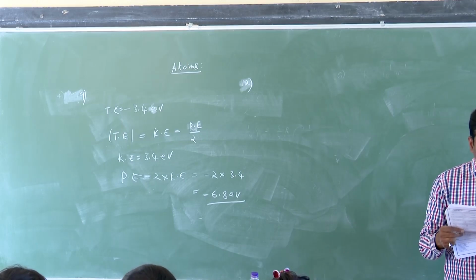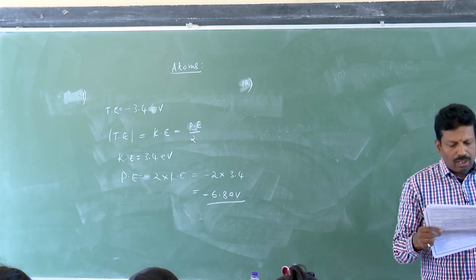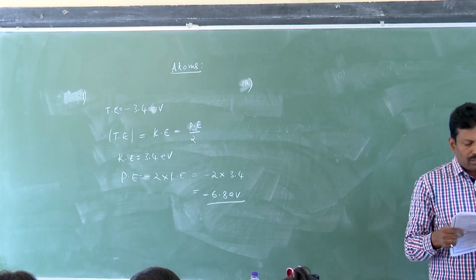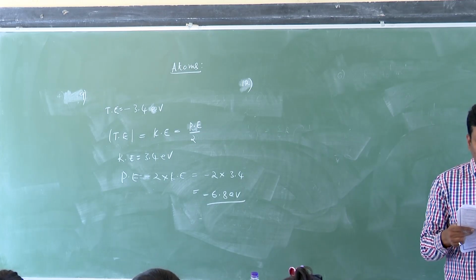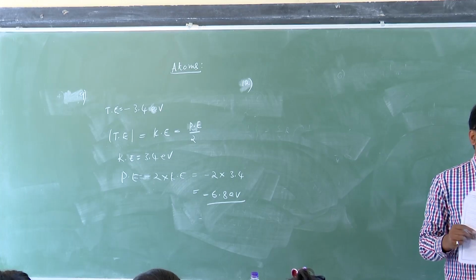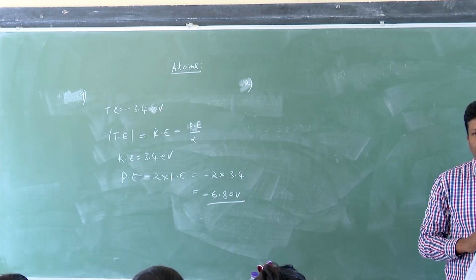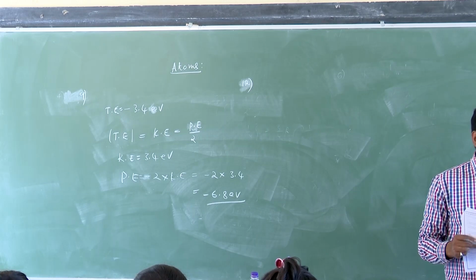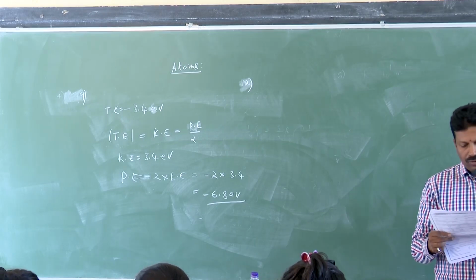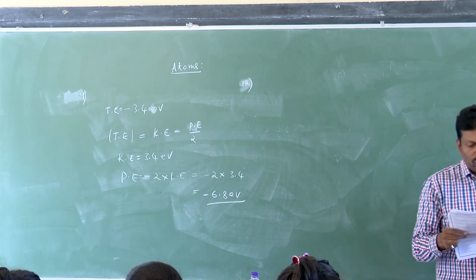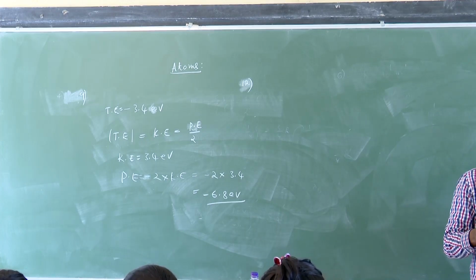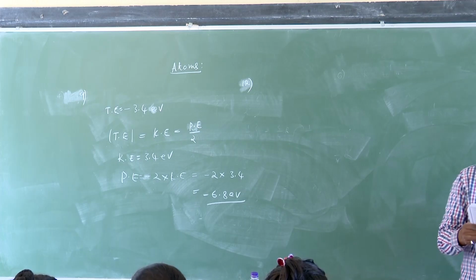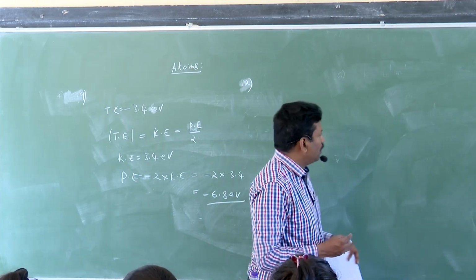Okay, next question. Consider the third orbit of helium plus using non-relativistic approach. There is something called the relativistic model, so that we are not going to discuss. So here, non-relativistic approach, what will be the speed of the electron in this orbit? This is a standard formula.